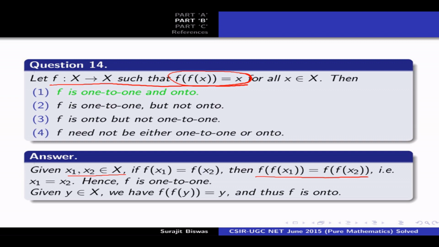Hence f is 1 to 1. And why is it onto? Because given any y in X, we have f(f(y)) = y. So f(y) is a pre-image of y under f, and thus f is onto. So here the correct option is option 1.